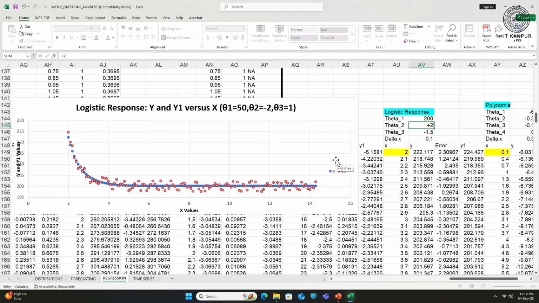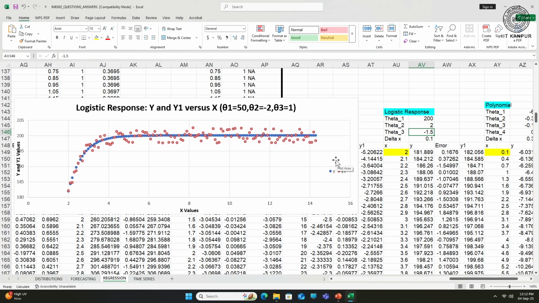It will be easy, because we are trying to showcase the effect of theta 3. In one case theta 3 is minus 1.5, let us take it as positive.